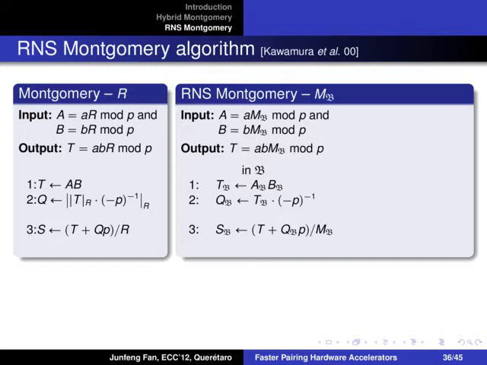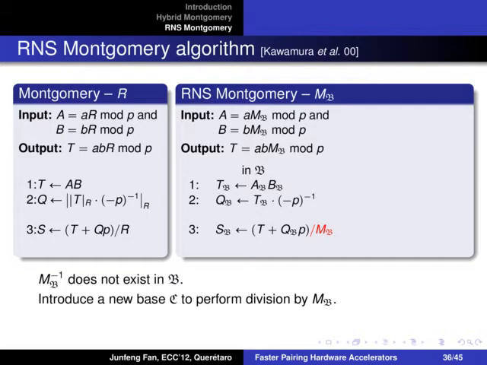So one of the ideas from Kawamura is to combine R and S with Montgomery multiplication. So the idea is that you use this MB as this 2 to the power something R here, and you do the Montgomery multiplication.